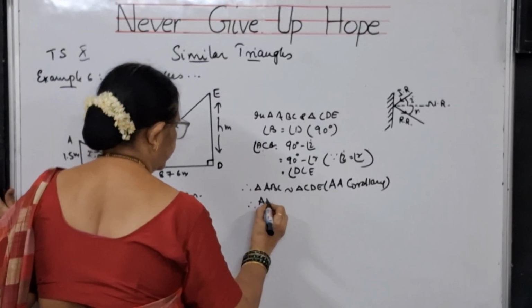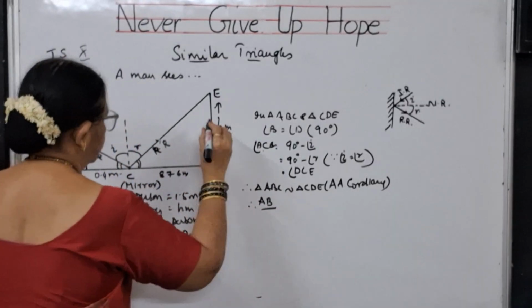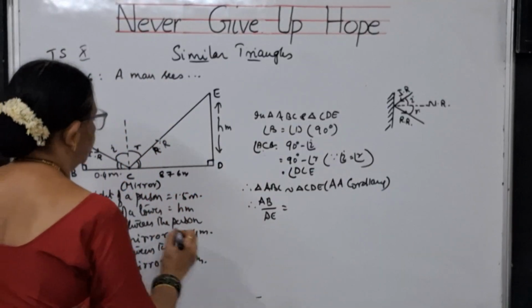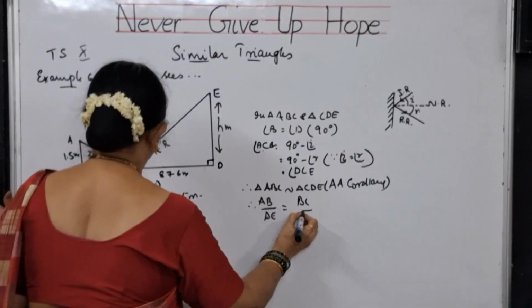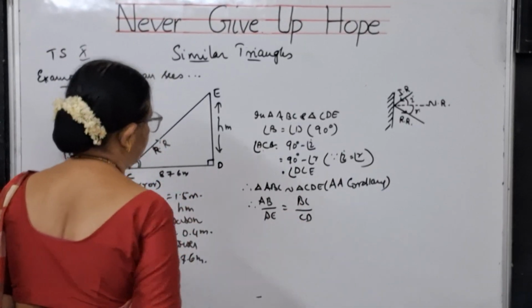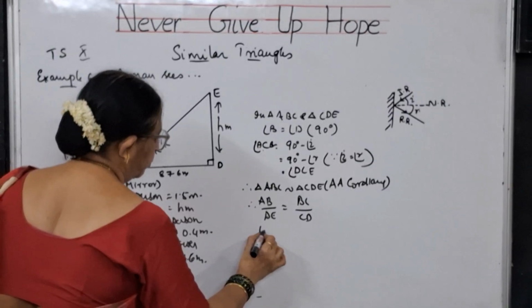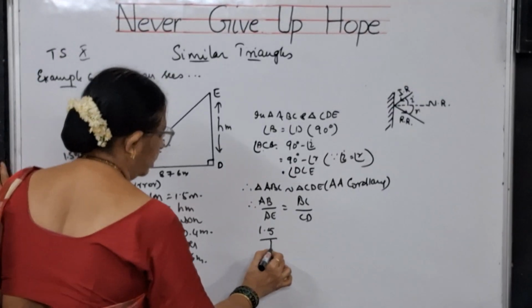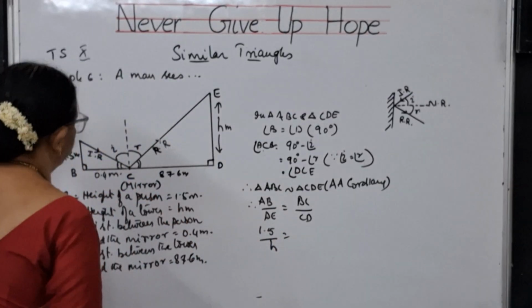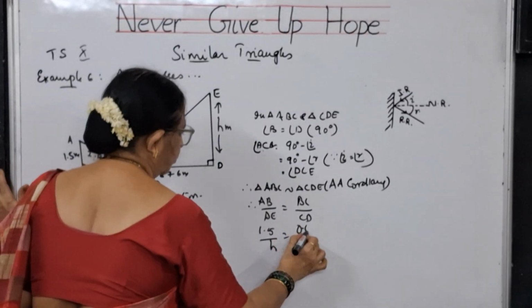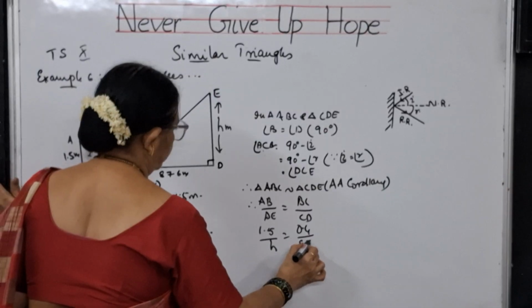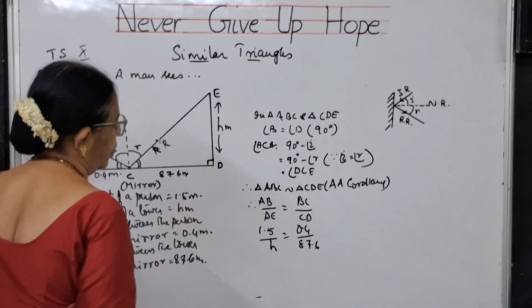Therefore, AB by DE is equal to BC by CD. What is AB? 1.5 by DE. DE is H, equal to BC, 0.4, by CD, 87.6.